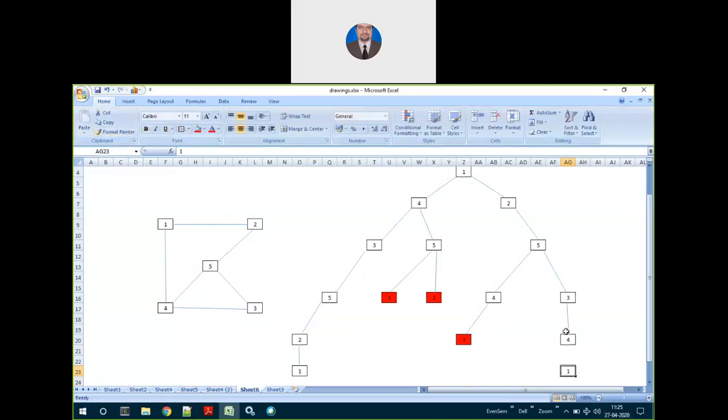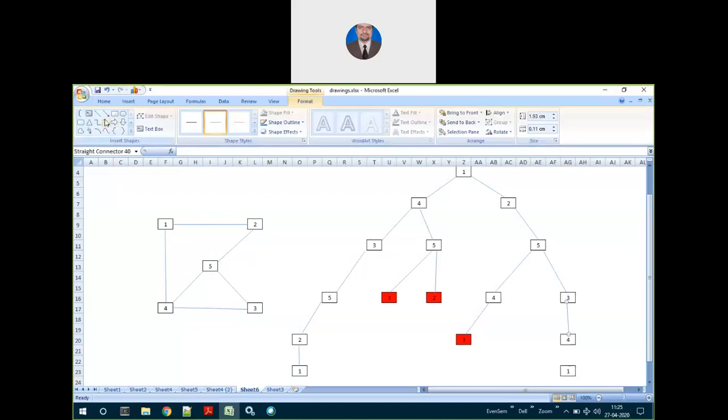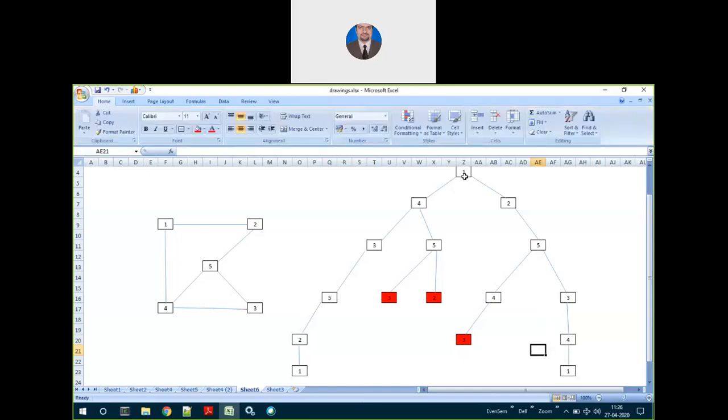So when I reach 1, what does it give me? It gives me another solution of this particular graph. That is, if I go in the direction 1, 2, 5, 3, 4 and 1, it is satisfying all the bounding functions and the definition of the Hamiltonian cycle, wherein I started from one of the vertices and could visit all the remaining vertices exactly once in the traversal, and I could come back to the first vertex, that is the starting vertex.